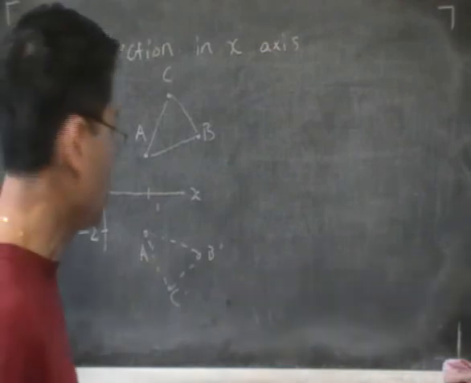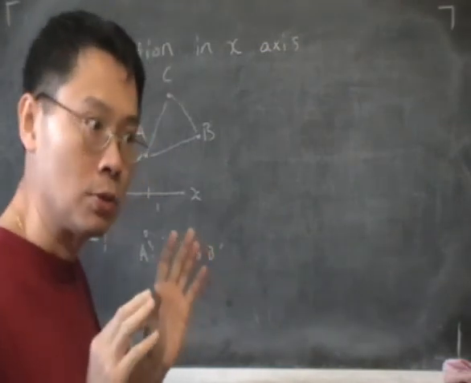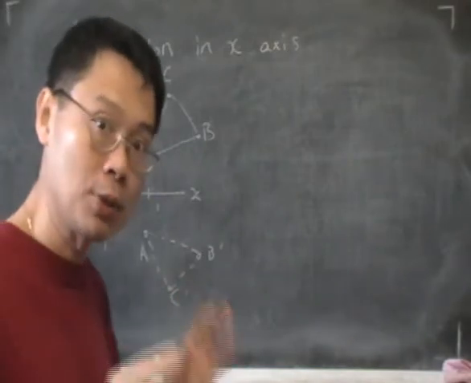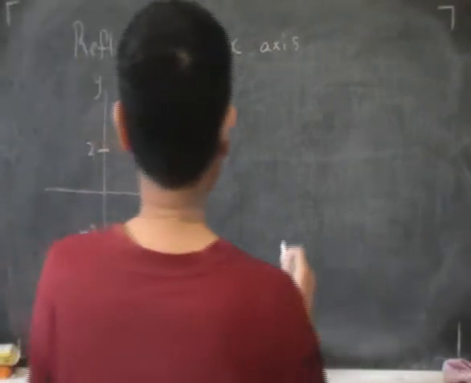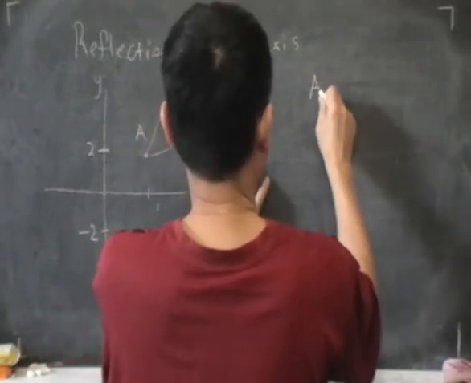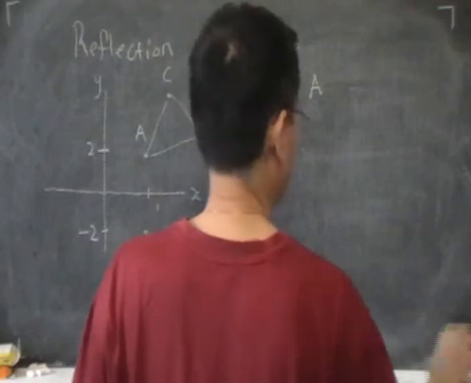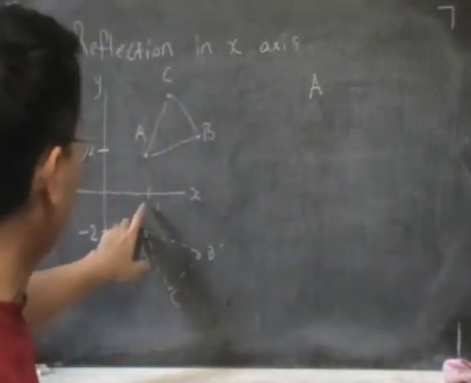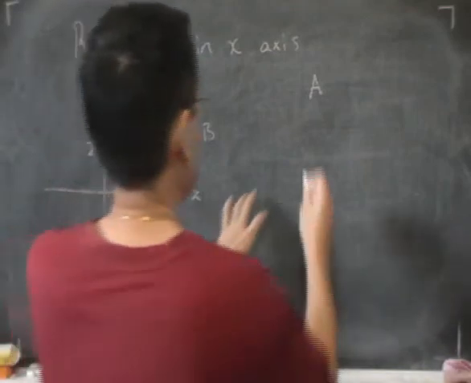Now I'm just going to write out the method first, and then I will explain. If I have a point A and the x and y values are given by 1 and 2.